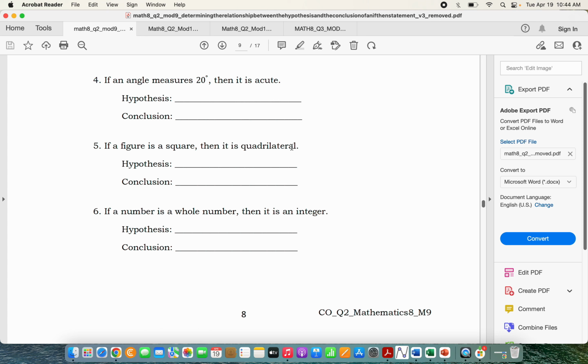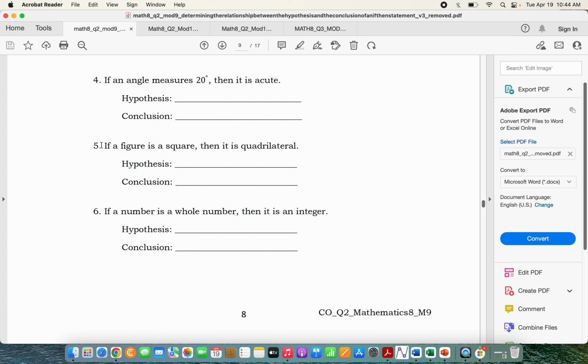So the conclusion is false because it is quadrilateral daw. So the conclusion is false. So what is the truth value then? True or false? Come again? Are you sure?